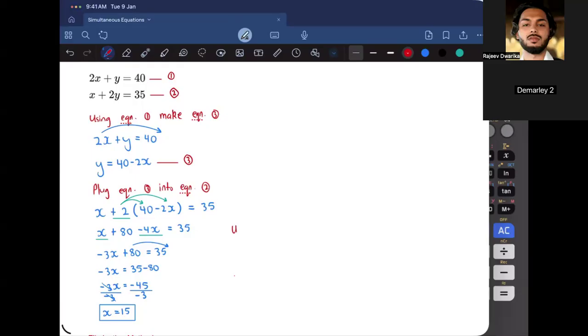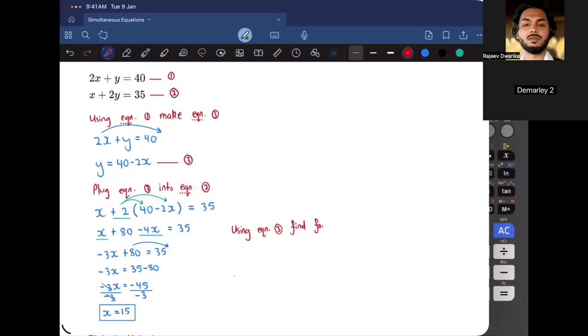But equation 3 is the smartest play. Why? Try to figure out why I'm saying that. Because equation 3 already gave us the answer for y. Exactly.